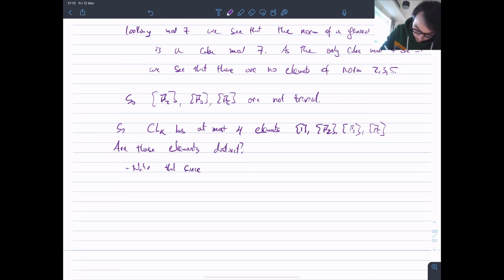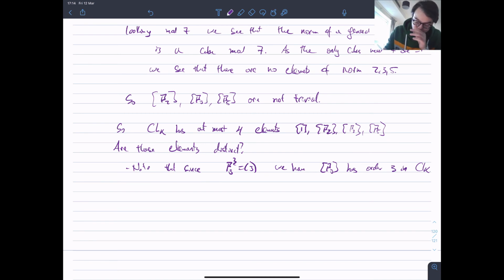Since P3 cubed is the ideal denoted by 3, this element has order 3 in the class group. It doesn't have order 1 because we checked it's not trivial, so it has order 3. So this group does contain an element of order 3.